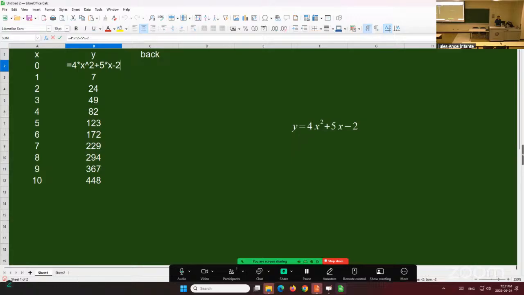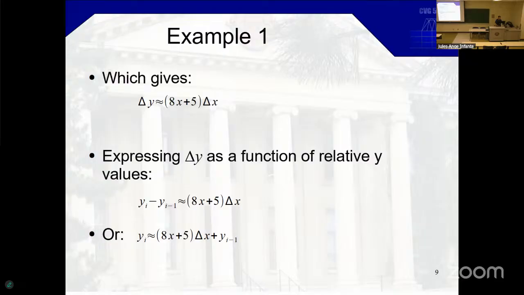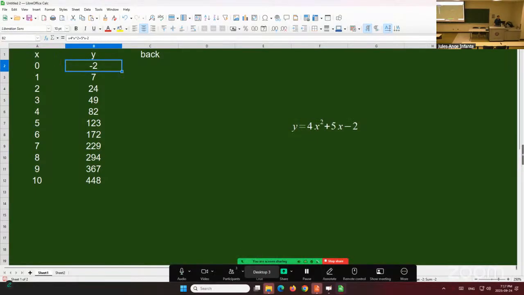4x squared plus 5x minus 2. And we wanted to say is equal to 8x plus 5 times delta x plus 1. So delta x is 1 in this case.